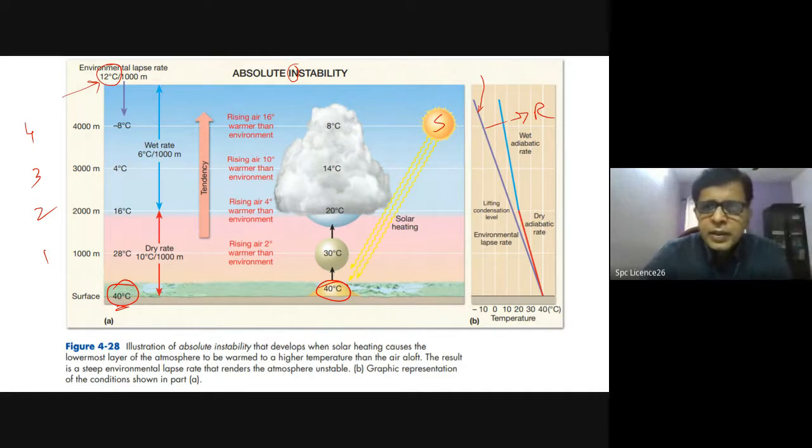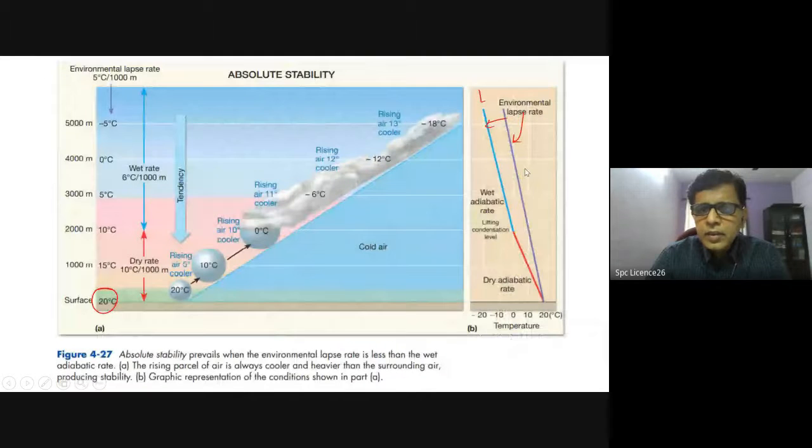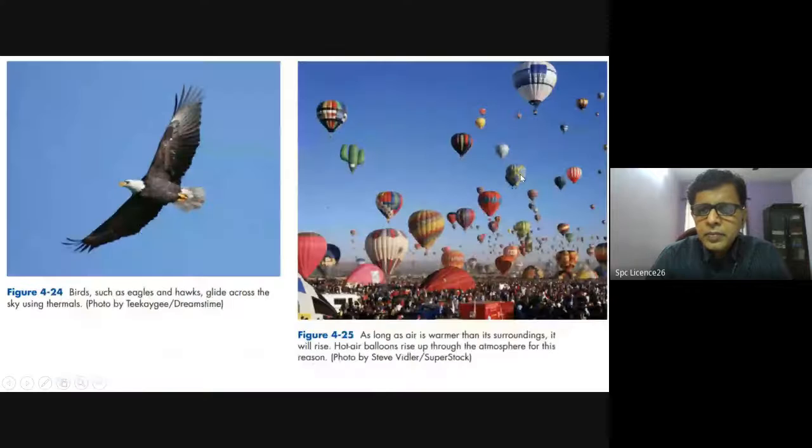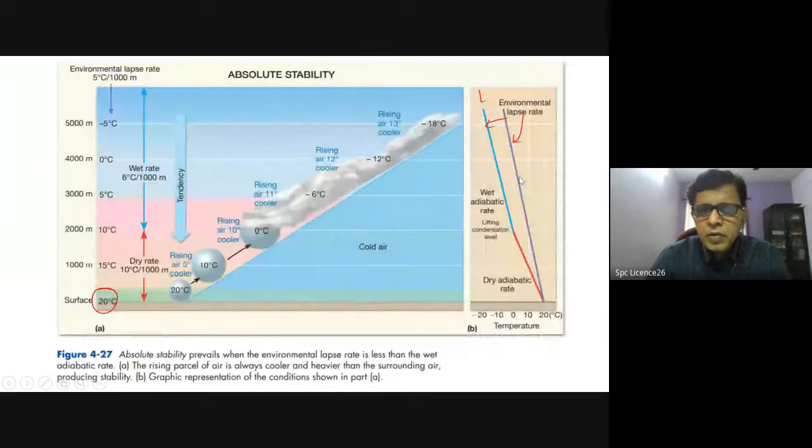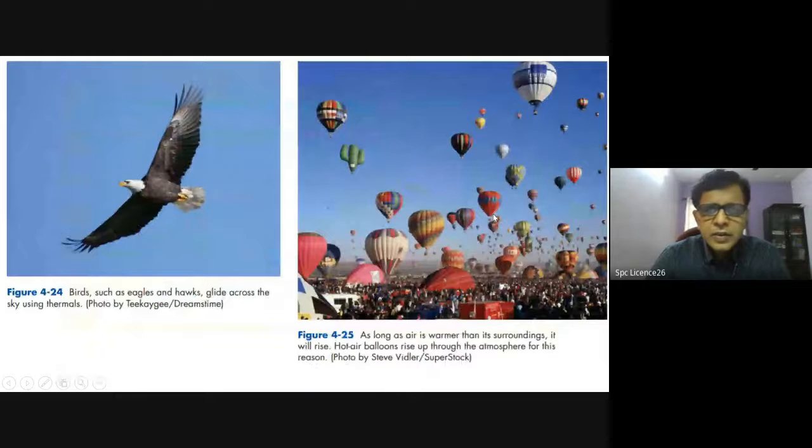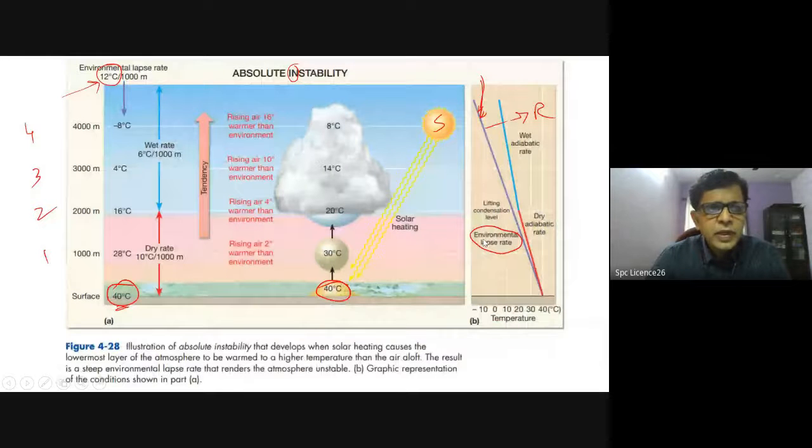That is why you'll see that the environmental lapse rate curve here is much steeper as compared to this. This is gentle. This is steeper. That means here the temperature is falling very slowly because it is 5 degrees. Here the temperature is falling very fast because it is 12 degrees.